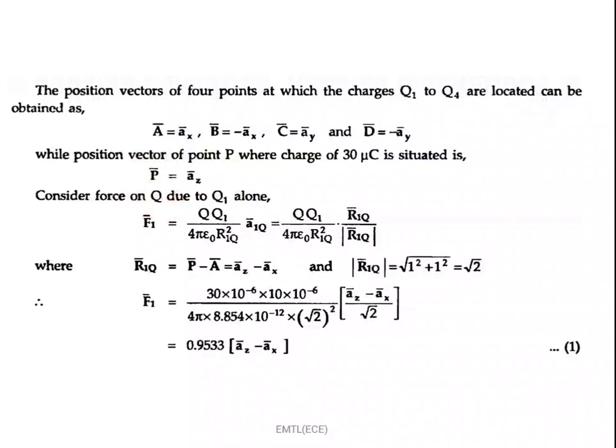Whenever we have to calculate the force on P due to the points A, B, C, D, we have to take the position vectors: for A bar is Ax bar, for B bar is minus Ax bar, for C bar is Ay bar, and for D bar is minus Ay bar.